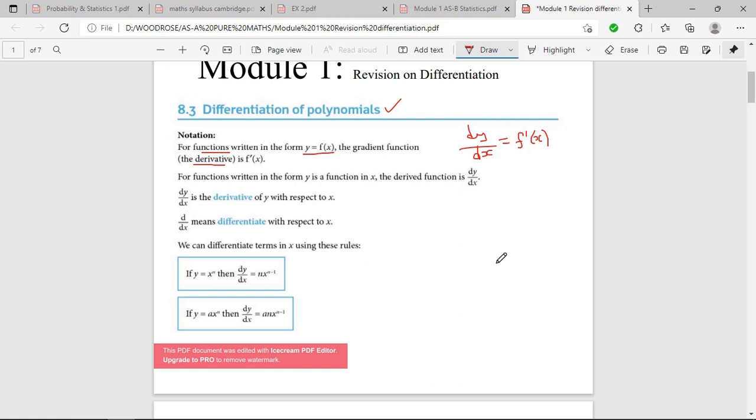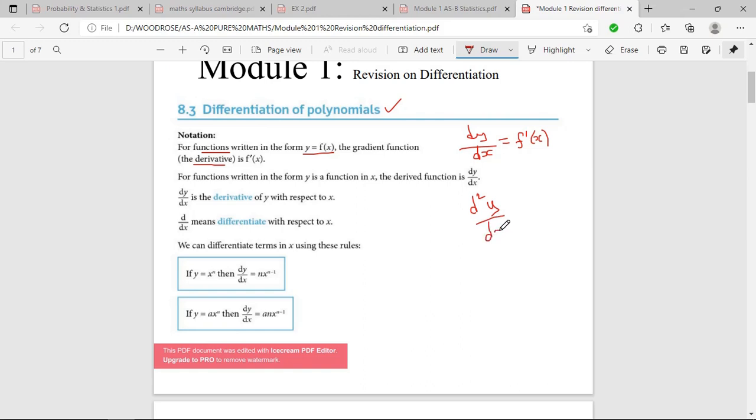We are going to see that if you differentiate this again, we obtain the second derivative. It is denoted by d squared y over dx squared.